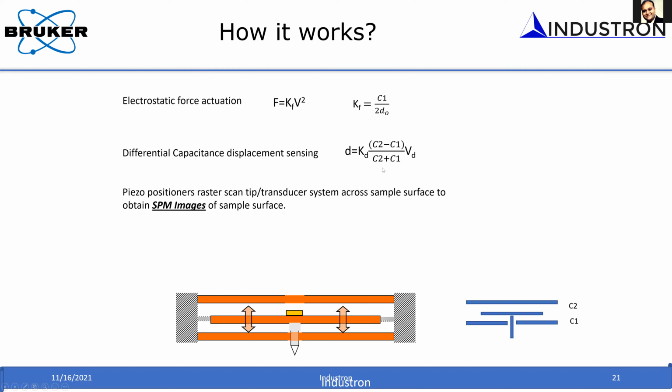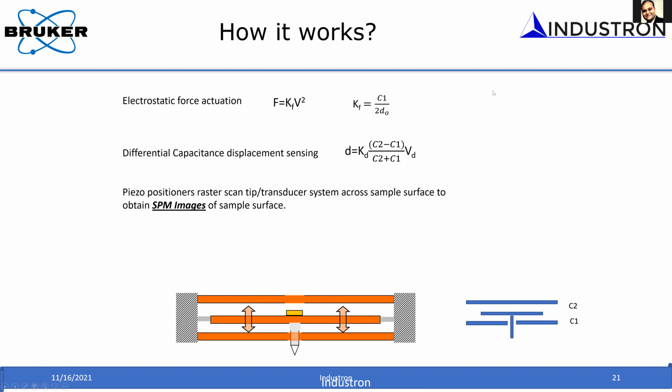Depending upon the size and shape of the transducer, you can generate anywhere from, say, micronewton to tens of millinewton. Typically in our transducer, we were able to generate about 10 millinewton to 25 millinewton force. The force generation is easy, and it is easy to control by applying the voltage. By controlling the voltage, you can control the force.